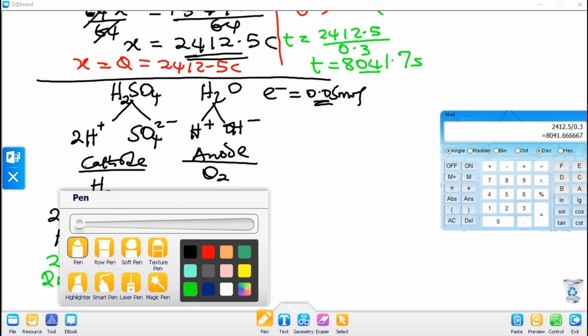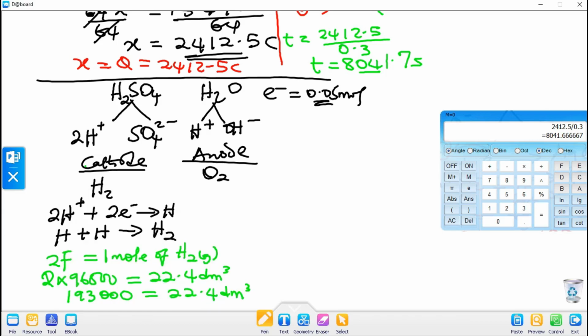To go about for oxygen, this is what we do. At the anode, OH will be liberated, and this is how the equation is written. OH will be liberated to give us water plus oxygen and 4 electrons. So for that to happen, it must be balanced with 4 electrons.